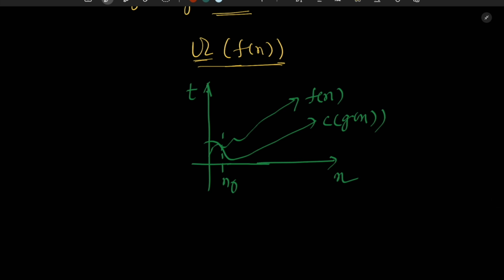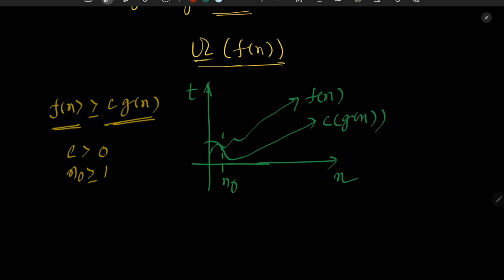Unlike the big O notation wherein f(n) was less than c·g(n), here f(n) is going to be greater than or equal to c·g(n). If we are able to find a c which is greater than 0 and n naught which is greater than or equal to 1, for which this condition is satisfied, we can say that f(n) is big omega of g(n).